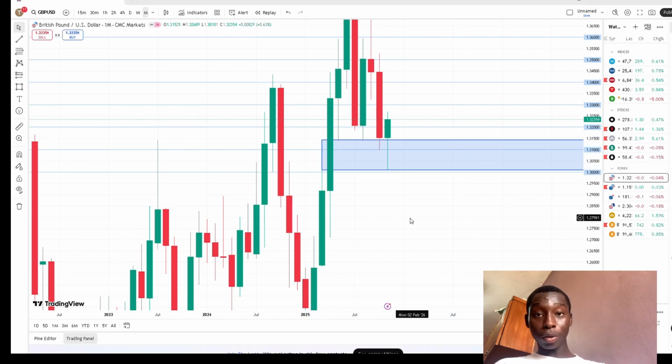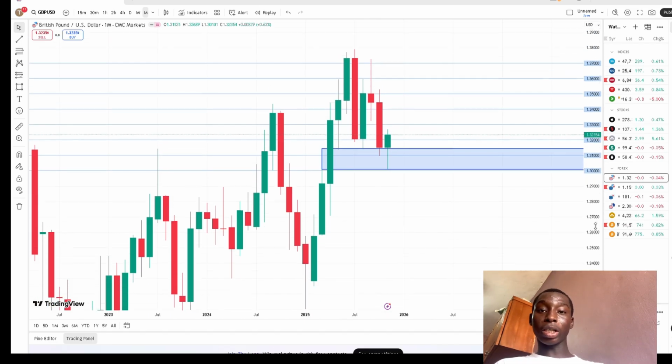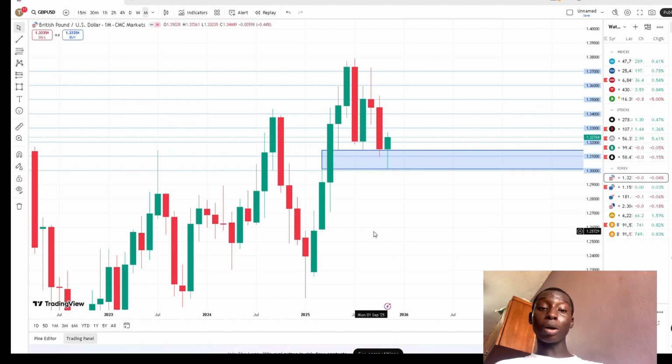So it's likely to be a reversal, and the market is even showing a rejection from that point. So in this month, basically what we are looking out for is a buying opportunity. We are looking out for buys on GBPUSD.